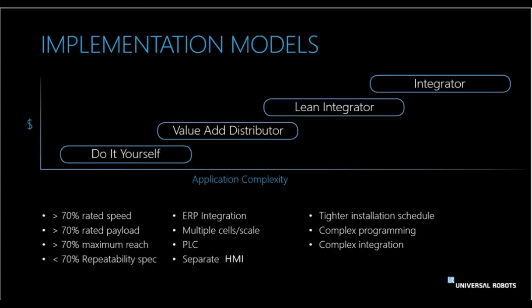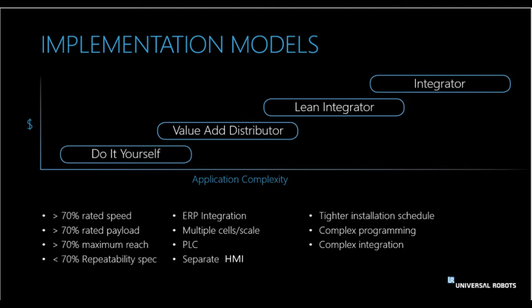Now, implementation models. Right here we have a pretty simple graph that shows on the vertical axis the cost of implementation, and on the horizontal axis the complexity of implementation. Now, traditional industrial automation sits squarely in the top right corner with the integrator. Okay? Now, we use integrators very extensively for hard problems.